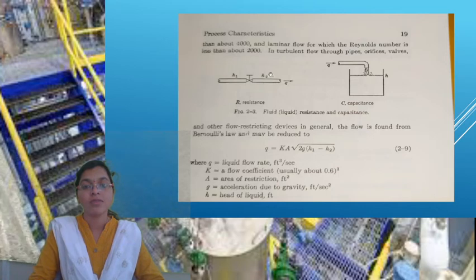In the place of V, what do we have? H1, H2, nothing but H1 minus H2. H1 minus H2 by I. What is I here? That is the flow of water, that is Q. So R we can write as H1 minus H2 by Q.